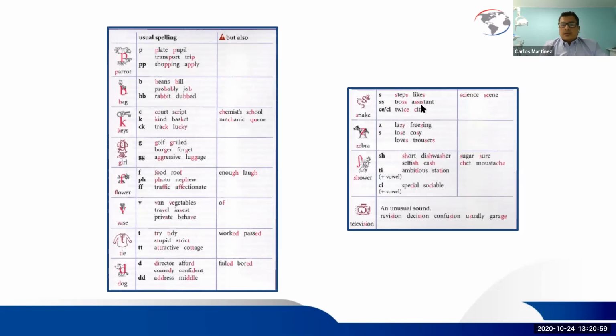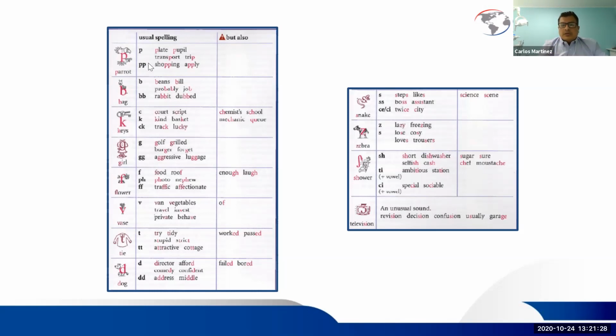Or for CE or CI: twice, or city. Another combination for this sound is the SC, like science or scene. That's another combination of the sound of the phoneme S.